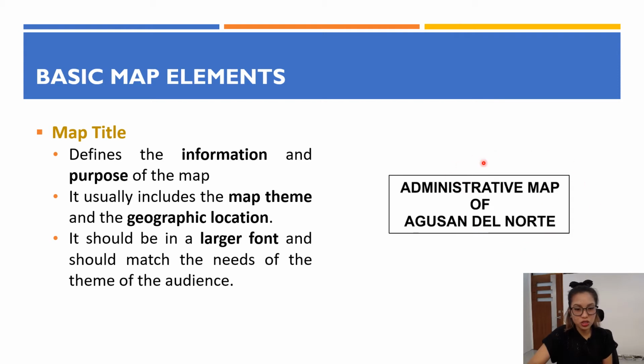So bigger font siya kaysa other na mga elements sa map na imo makita. So larger font because one of the essential element of a map usually draws attention by its kung unsa ang size, no? Dapat kung dominating dako siya, meaning importante na siya na information.